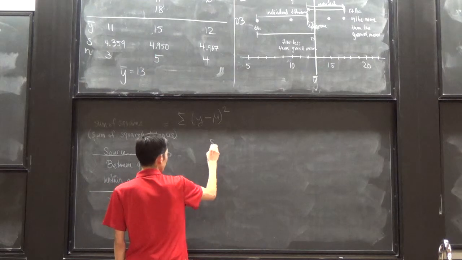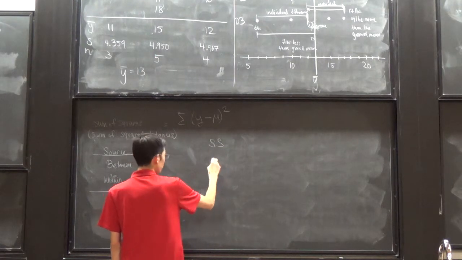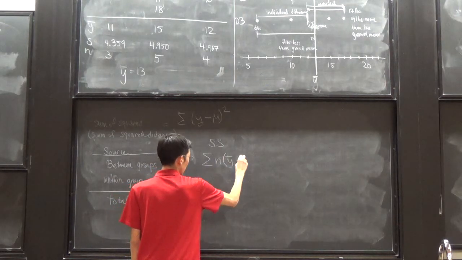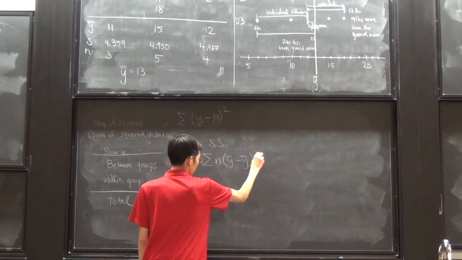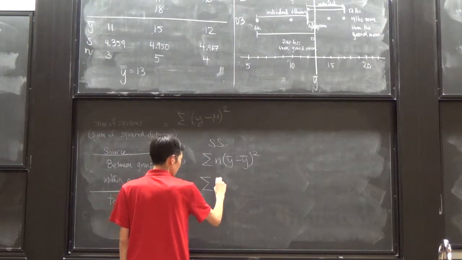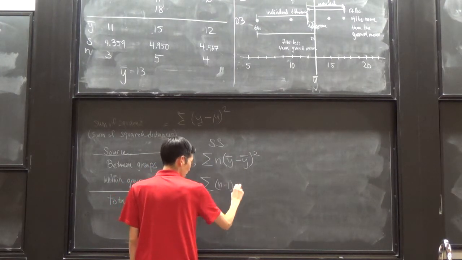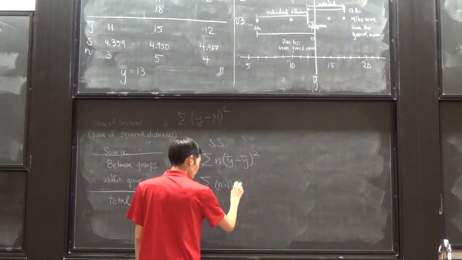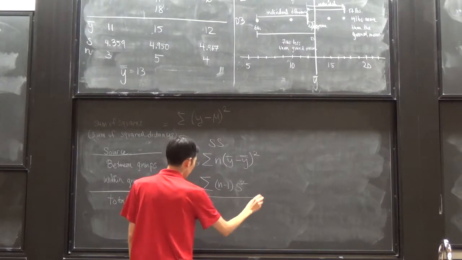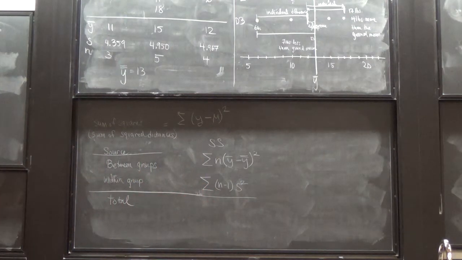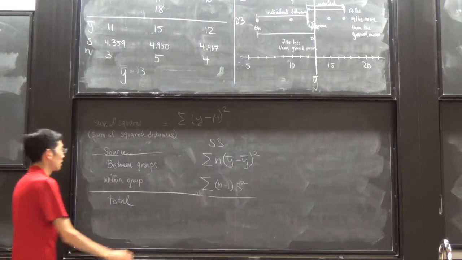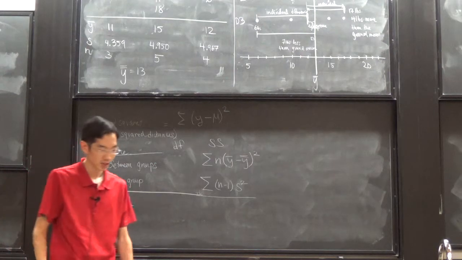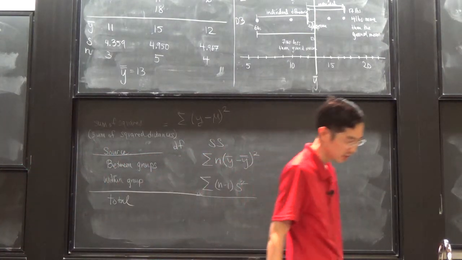So if I do sum of squares between the groups and within the groups, so we have degrees of freedom. So the degrees of freedom exists here also.